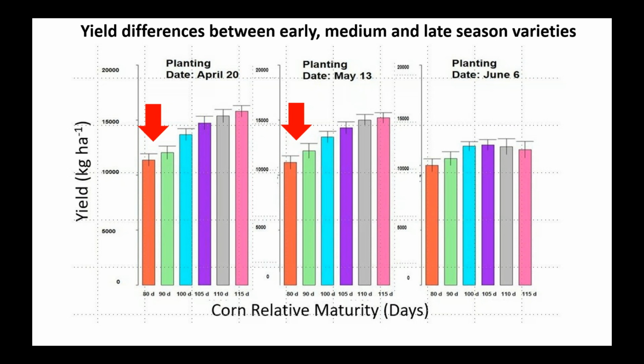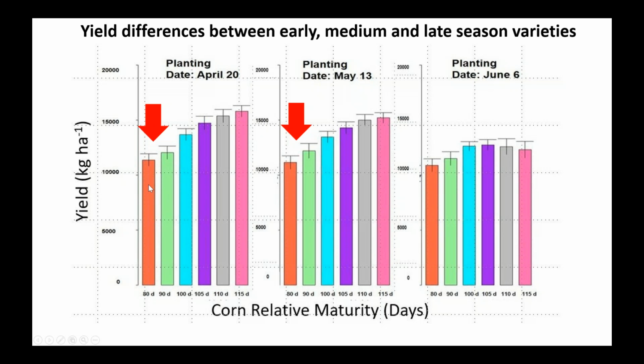And then next I want to highlight some of the predictions for the different planting dates and varieties. So essentially, we found that there was no difference, again, between any of the varieties if you planted them in April or May.